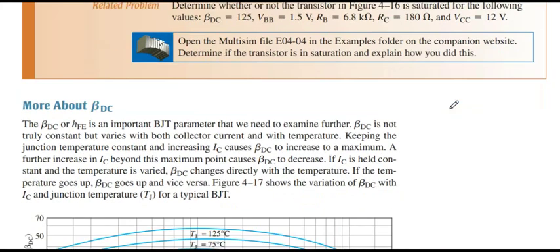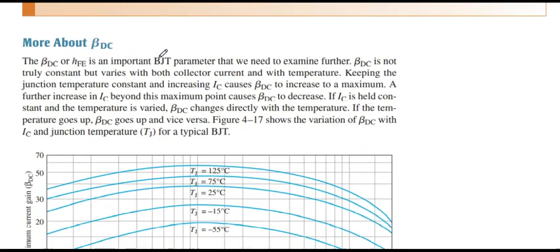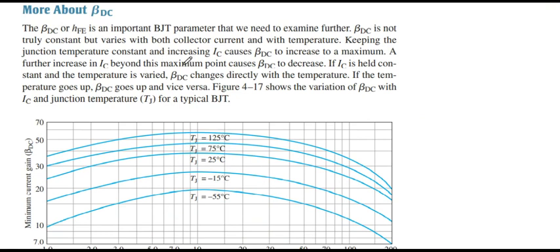Next point is beta DC. Beta DC varies with temperature. As temperature increases, beta DC also increases. Beta DC depends upon IC. As IC increases, beta DC also increases.